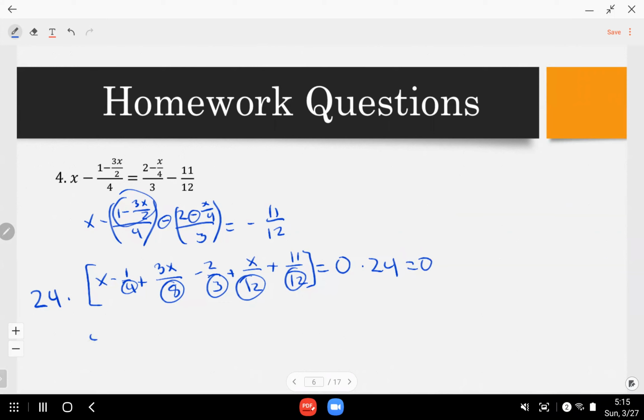Then we get 24x, minus what? What does this 1/4 turn into if we multiply by 24? 6. Yes, 6, plus 24 times the 3 over 8, which is 9x.